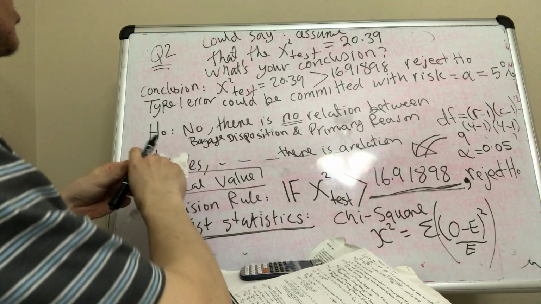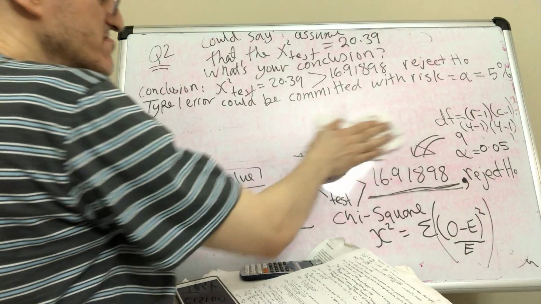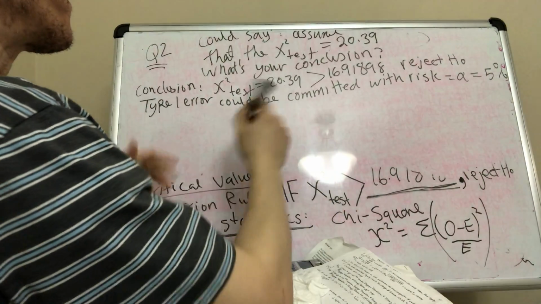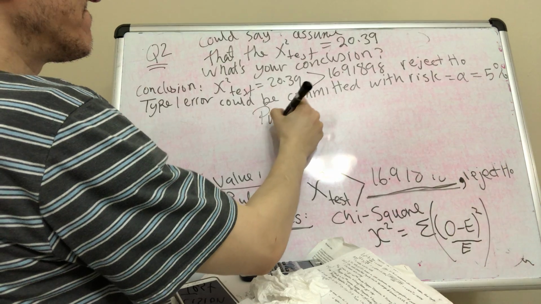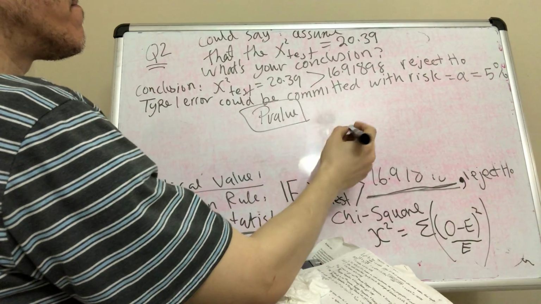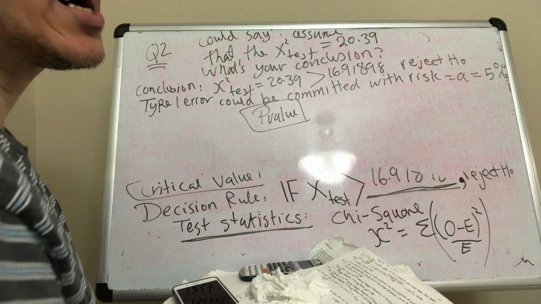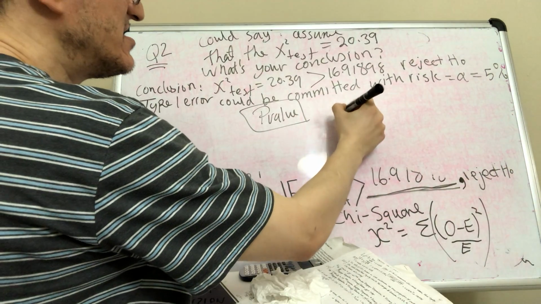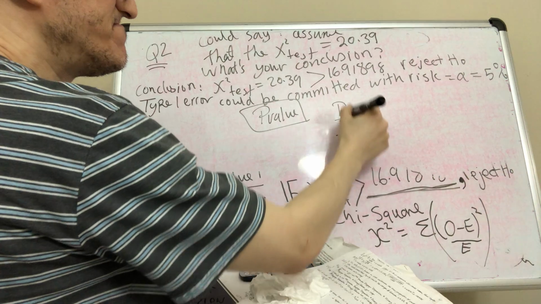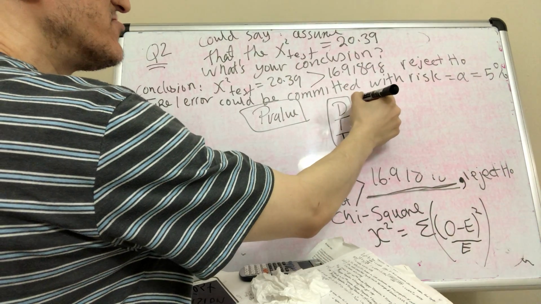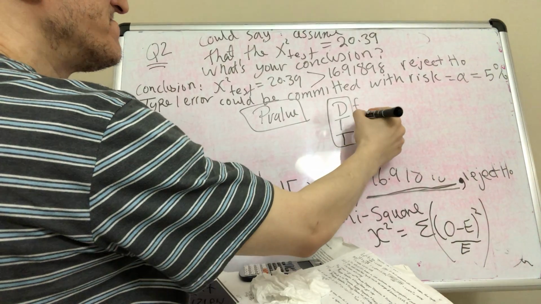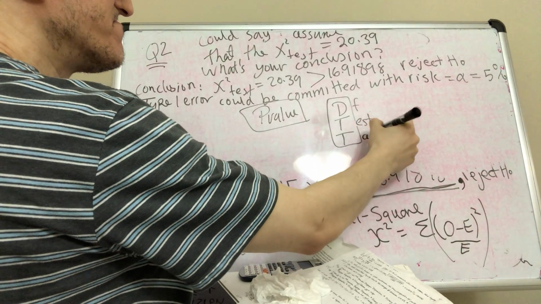The last thing she could ask for is what the p-value is. P-value chi, or even p-value t, it's df, test, and tail.